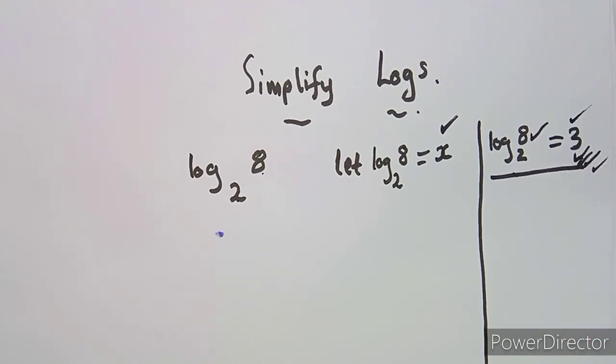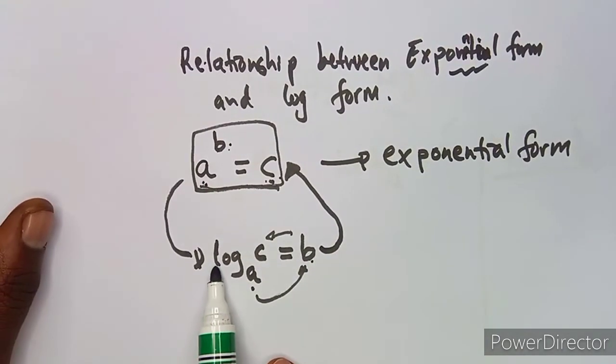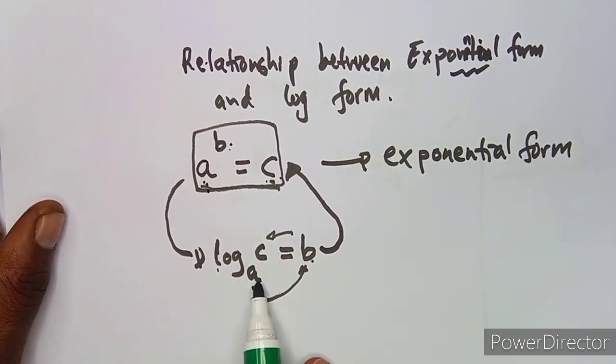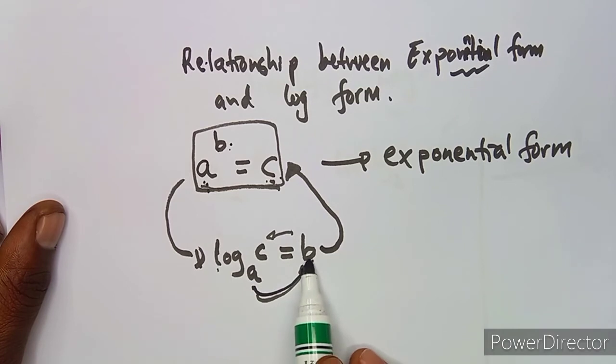That is where I am going to introduce the relationship between the logarithms and the exponents, because I know that I can convert from this log form back to exponential form, where we say it is the base to the exponent of the answer.